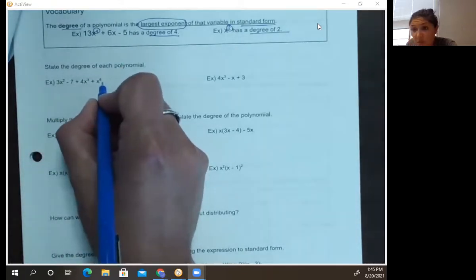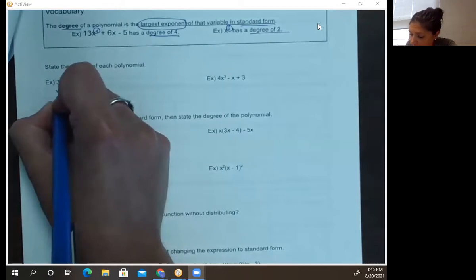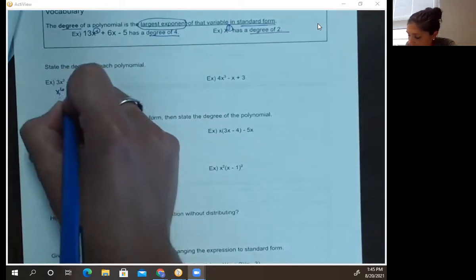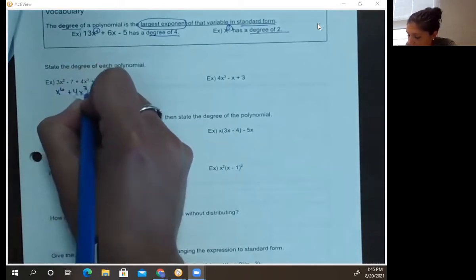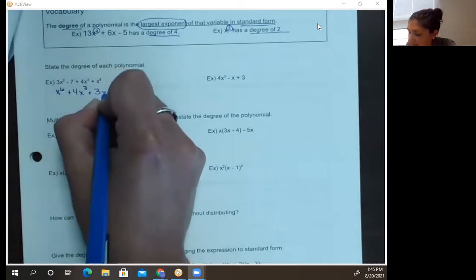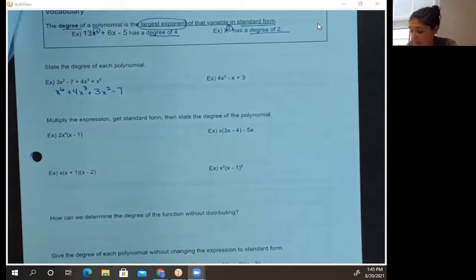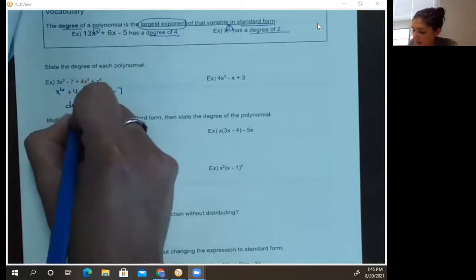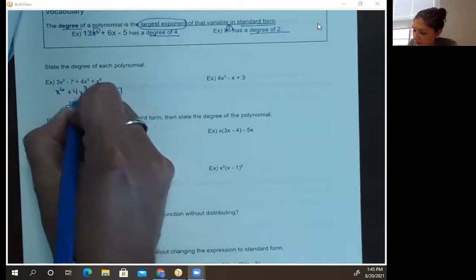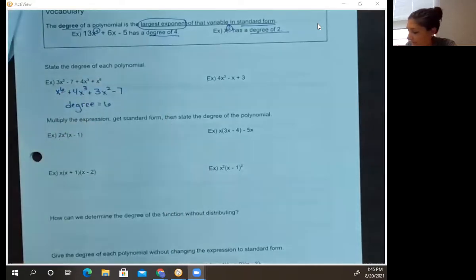I can rearrange it to put it into standard form. So that would be x to the 6th plus 4x cubed plus 3x squared minus 7. Now I've got standard form. And my degree, again, is our biggest exponent. So the degree here would be 6.